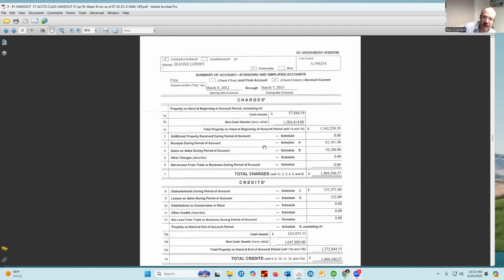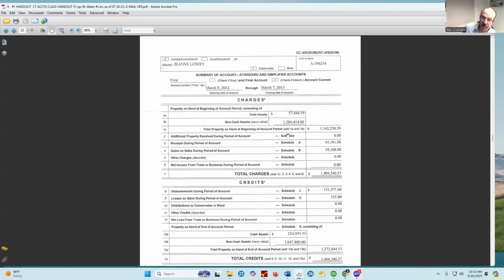When we start out, we have to start with property on hand at the beginning of the period. These two numbers, the cash assets as of the beginning of the account and the non-cash assets, come from your initial inventory and appraisal or updated inventory and appraisal that Tamara just outlined.